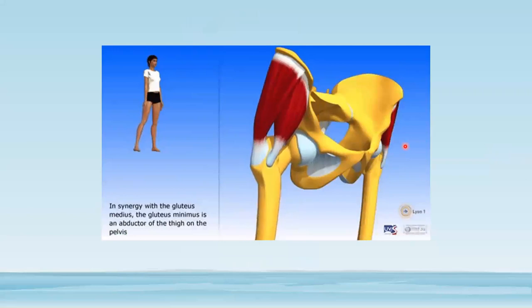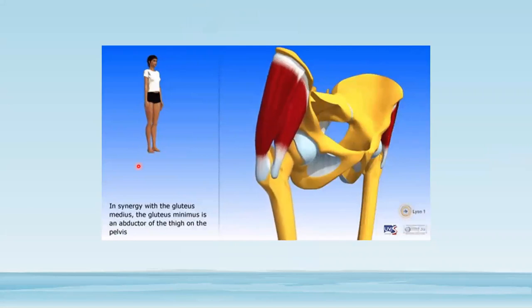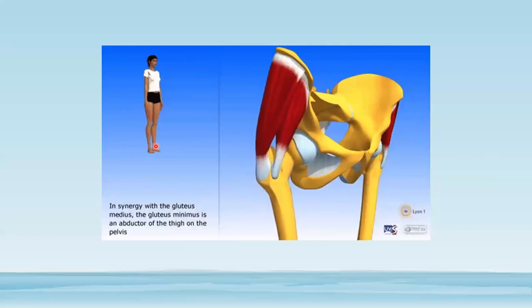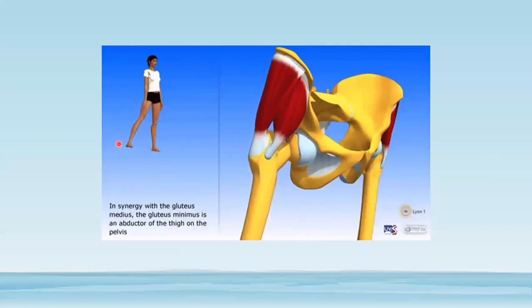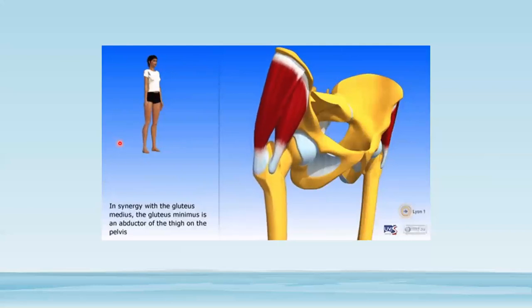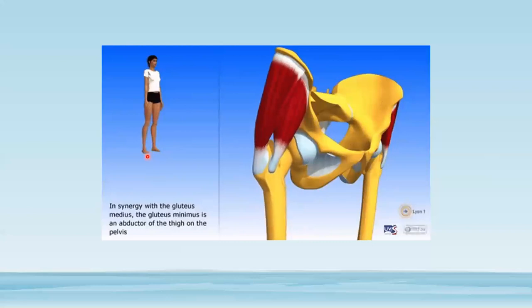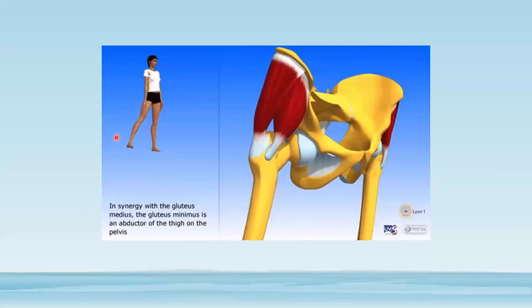It produces abduction of the thigh on the pelvis. So it swings away the thigh. This is one. Another one is actually to extend the hip. Extend means it moves backward. Move the thigh backward.